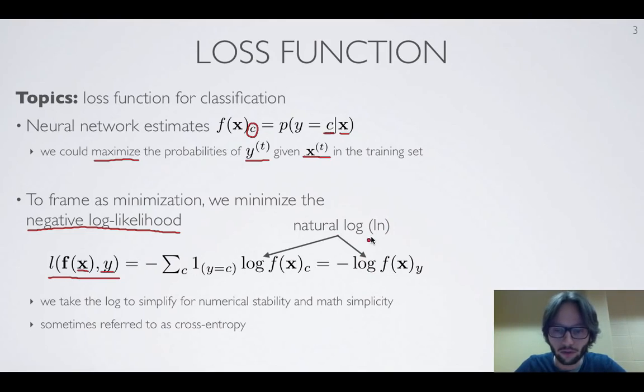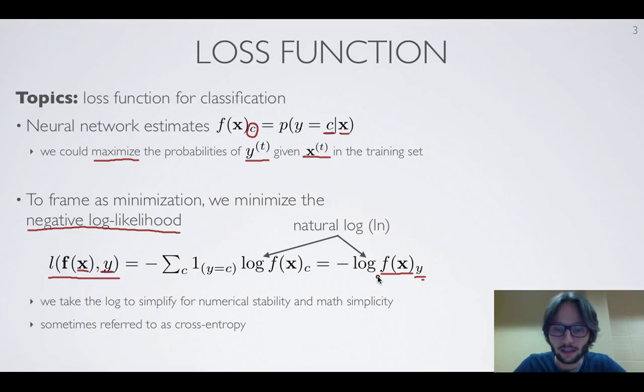I'll still write log even though sometimes we write ln for the natural log. So it's minus log of the yth element of my output layer, yth because y is the actual true target. So I'm going to minimize minus log of the yth element of the output layer, which is the estimate of x belonging to label y.